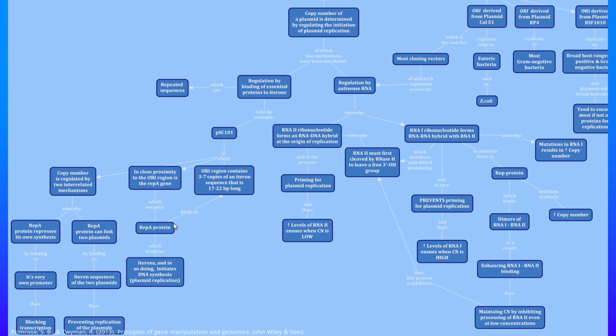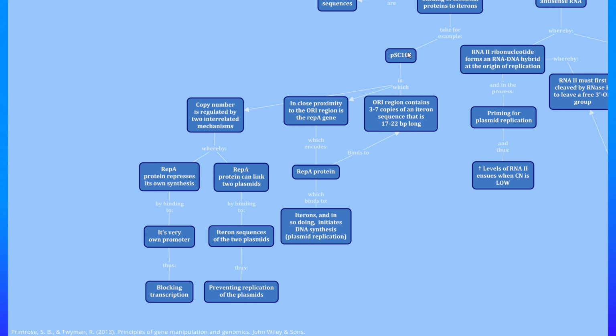What you have to recognize is that the RepA protein binds to iterons, and in so doing, initiates DNA synthesis and thus plasmid replication. So in terms of the pSC101, the copy number is regulated by two interrelated mechanisms, whereby RepA protein represses its own synthesis and RepA protein can link two plasmids together.